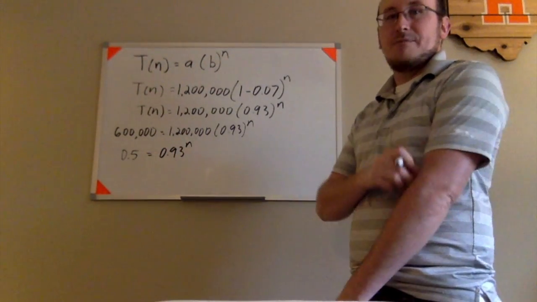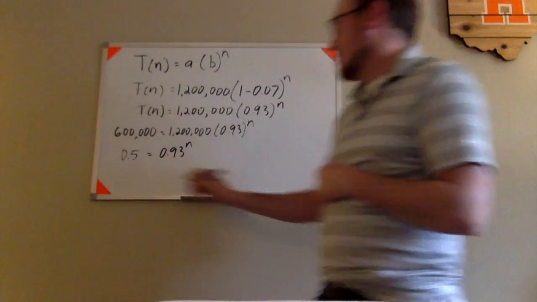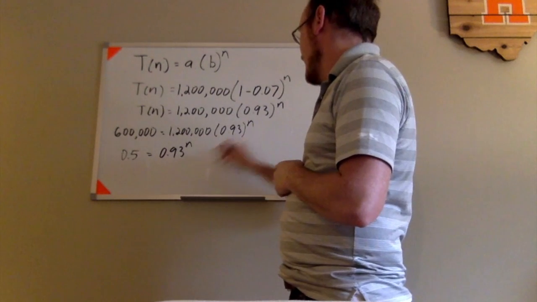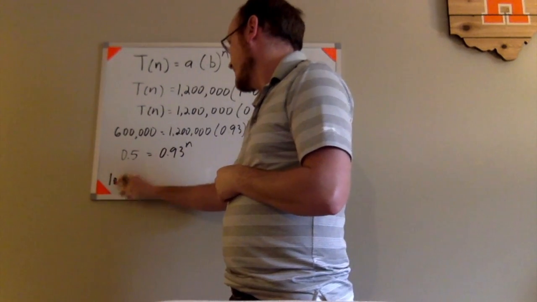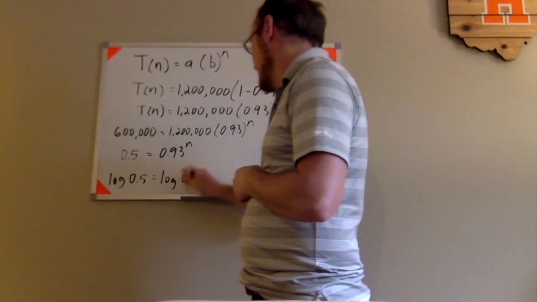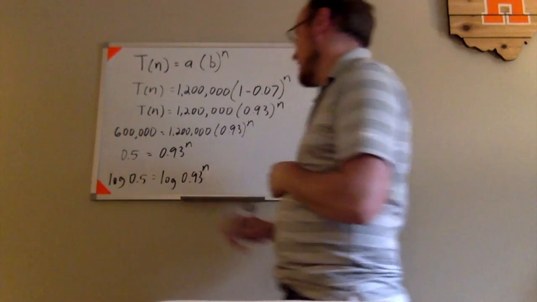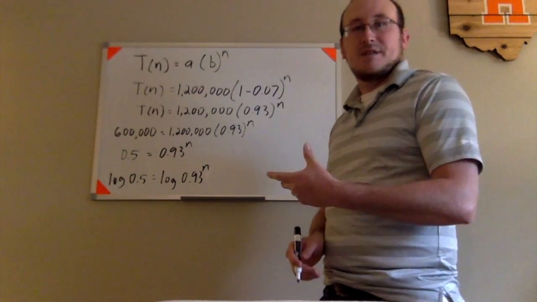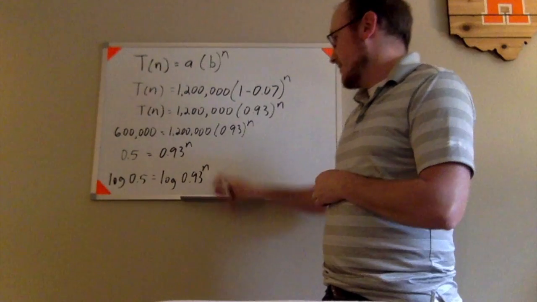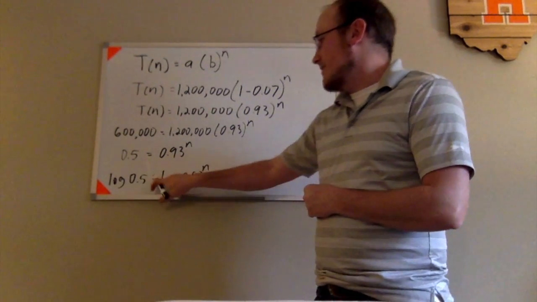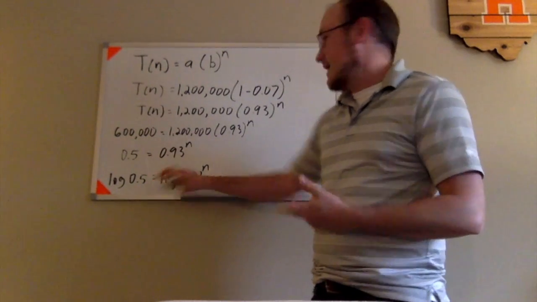At this point, I would want to take logarithms of both sides. So I have log of 0.5 equals log of 0.93 to the n. Now that I've taken logarithms of both sides, I can take advantage of the power property of logarithms to move my variable n, which is currently trapped in the exponent, down in front of this logarithm connected by multiplication.